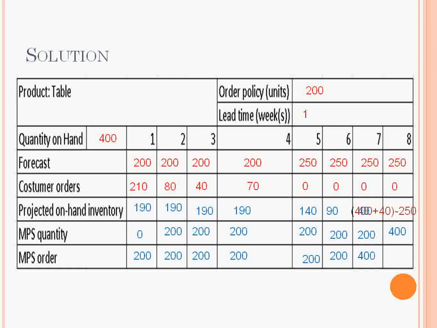After selling 250, on-hand inventory will be 190 again. It doesn't mean a problem, because our purpose here is not to minimize inventory, but to ensure appropriate supply for existing demand.